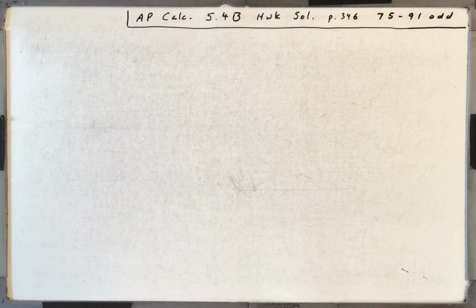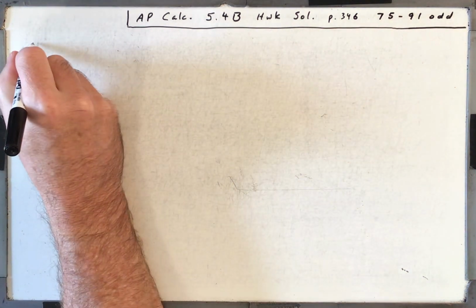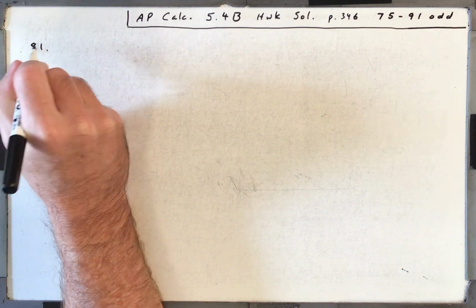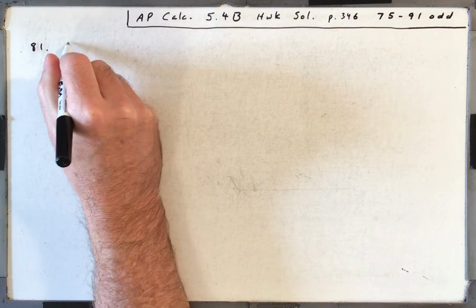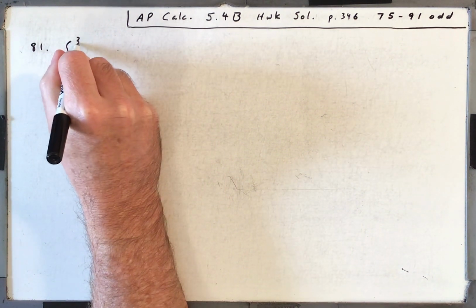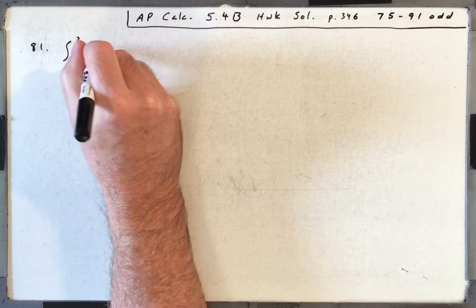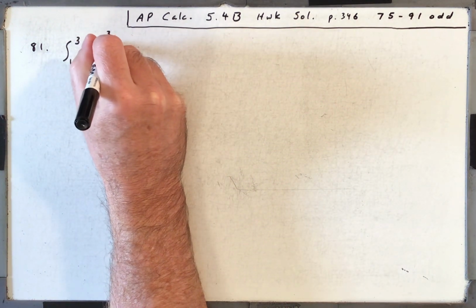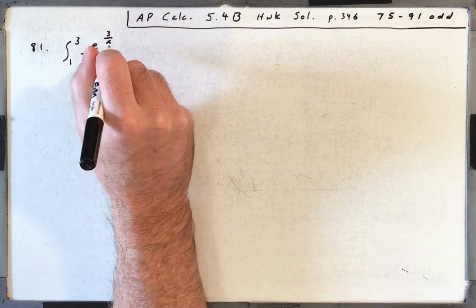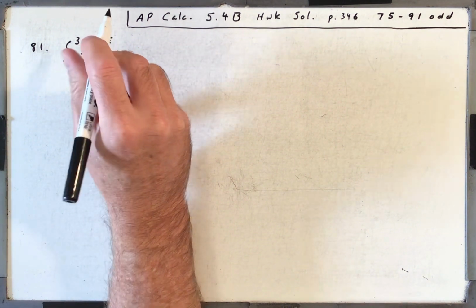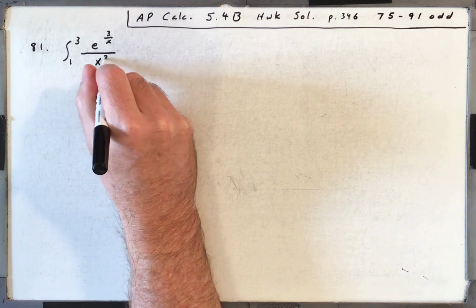Okay, let's look at number 81. So 81, we're integrating from 1 to 3, e to the 3 over x divided by x squared.